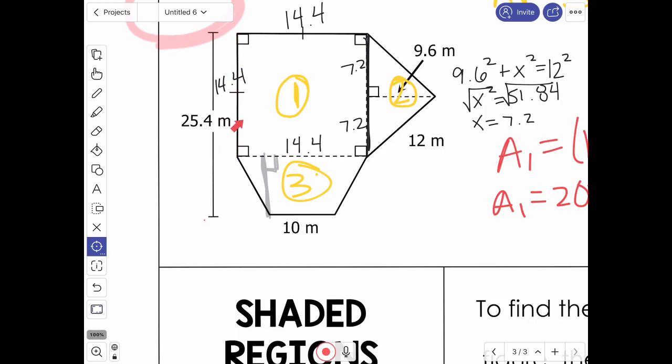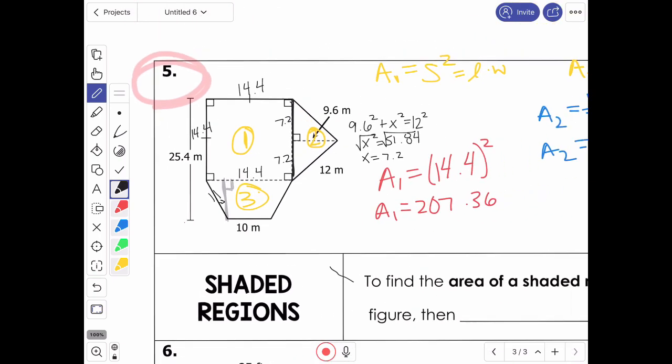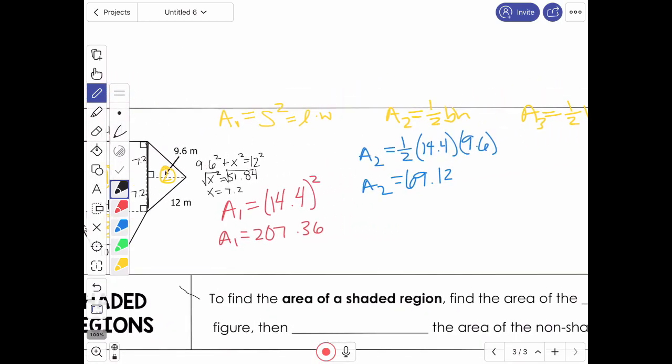So what I can do is subtract the square's height from the total height to just have the trapezoid's height. So I'm going to take 25.4 and subtract 14.4, and I actually end up with just 11. So 11 is the height of that trapezoid.